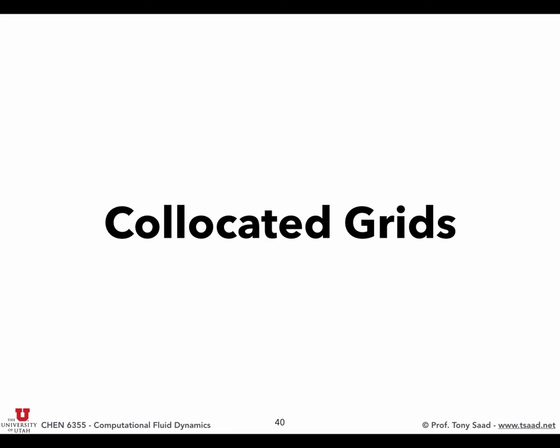All right. Next item on the list: collocated grids, okay? The staggered grid is a nightmare, annoying as hell. Computing kinetic energies on staggered grids is very annoying, but staggered grids are unique because you can show that they preserve kinetic energy, the kinetic energy of a scheme, okay?